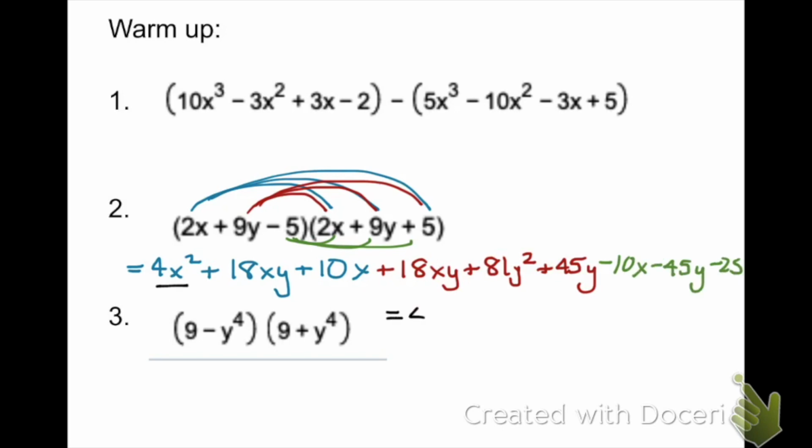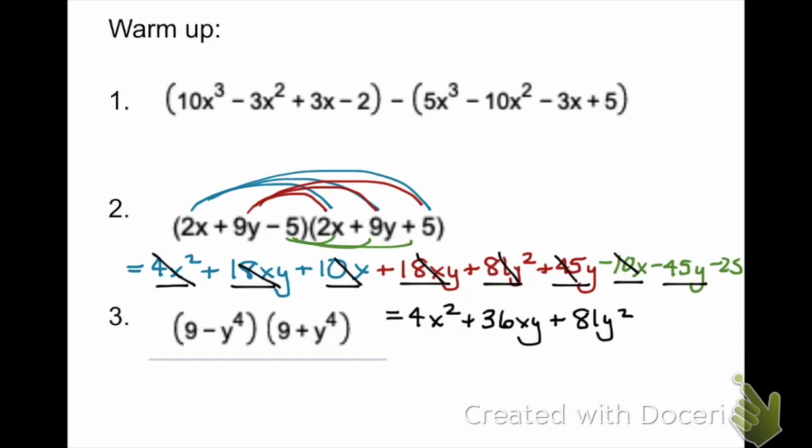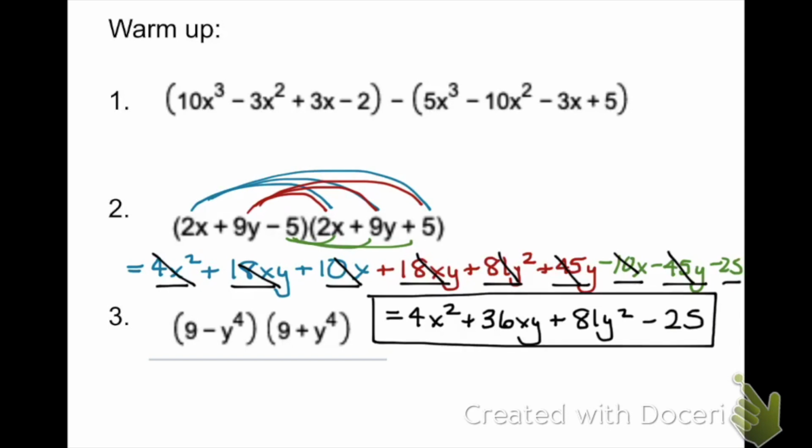And if we combine like terms, we'll notice that some of the terms we were able to combine, but some terms are just going to cancel each other out. And so our final answer here in two variables was 4x squared plus 36xy plus 81y squared minus 25. Notice here the degree of this polynomial is 2 because the highest degree of any term is 2.